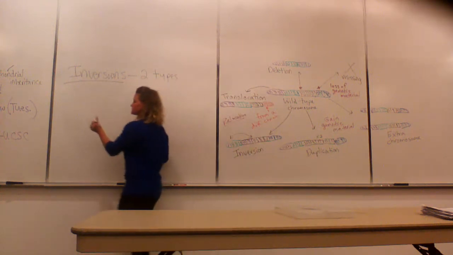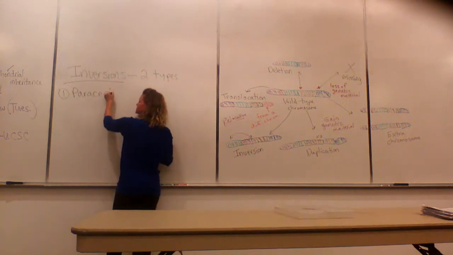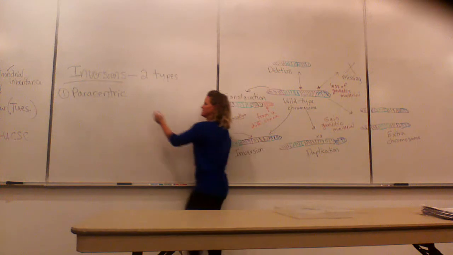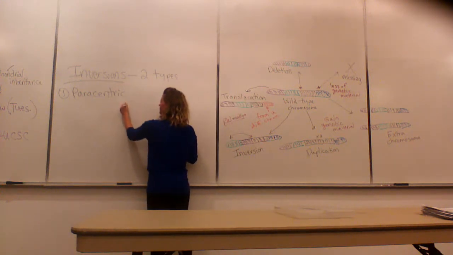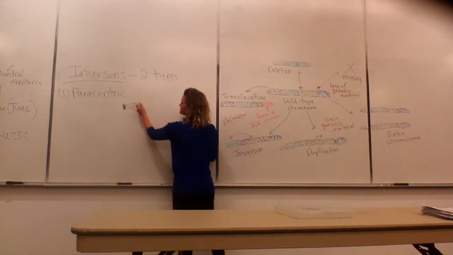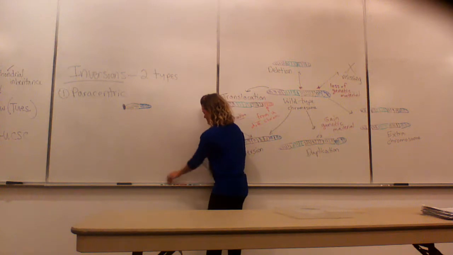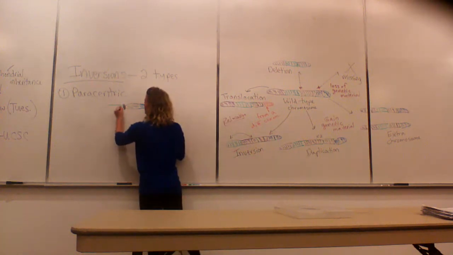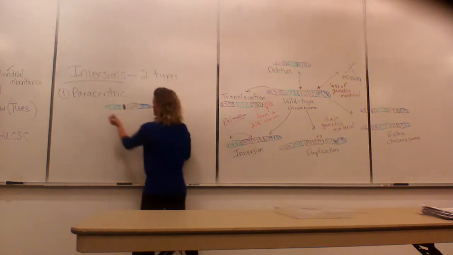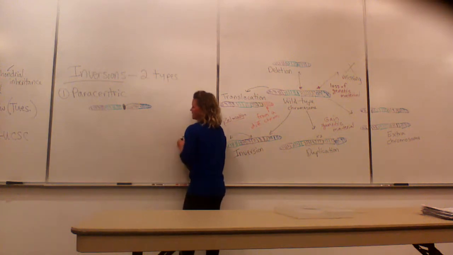So your first one is called paracentric. If you have your chromosome, this is our normal chromosome here at the top, the wild type.